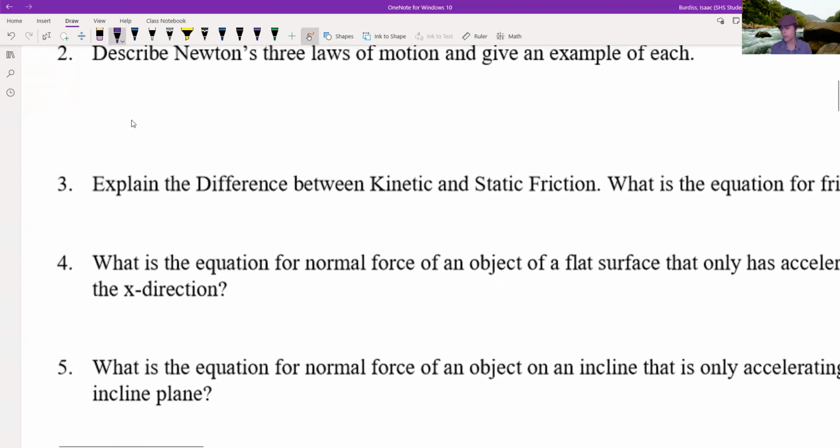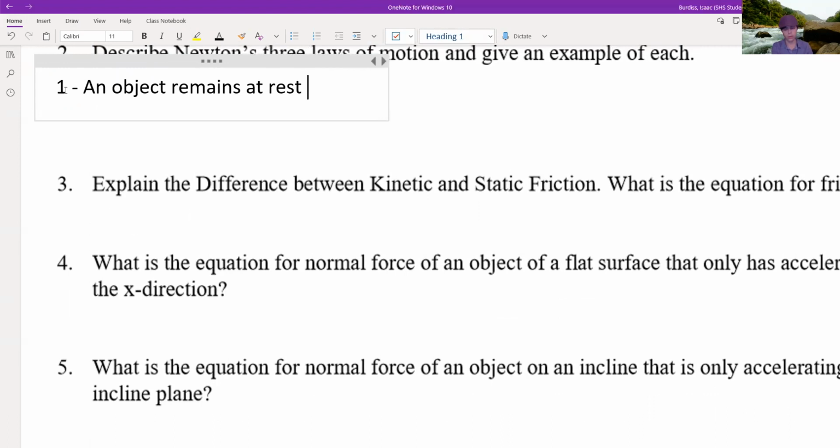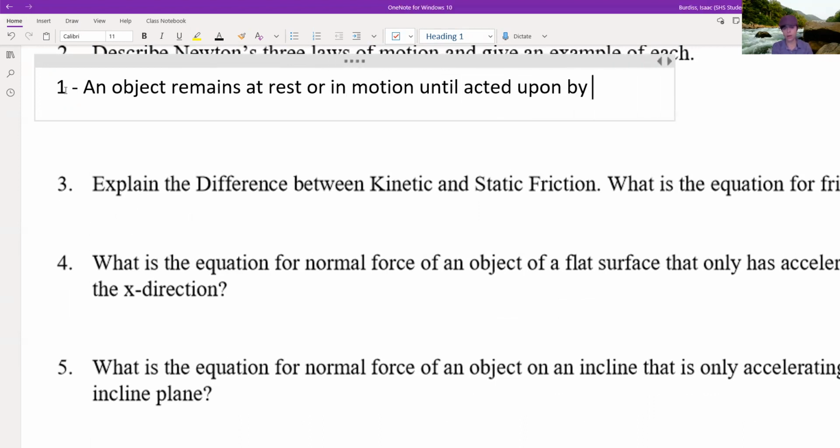And what are the 3 Newton's laws? All right, what's the first law? An object remains at rest or in motion until acted upon by another force.